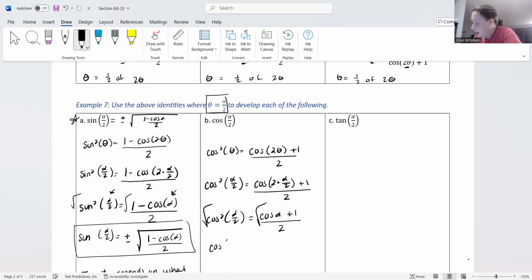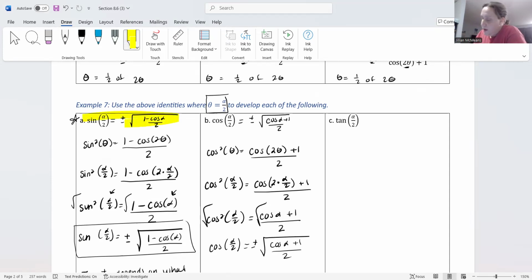So cosine of alpha over 2 finally equals plus or minus the square root of cosine alpha plus 1 all over 2. So I will go ahead and put that up here, plus or minus the square root of cosine alpha plus 1 all over 2.